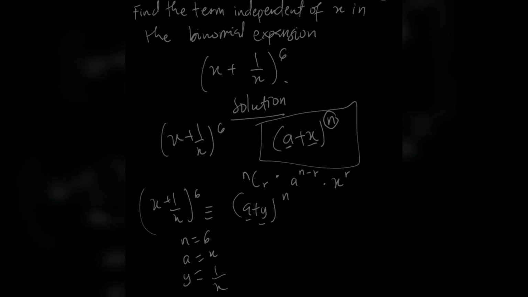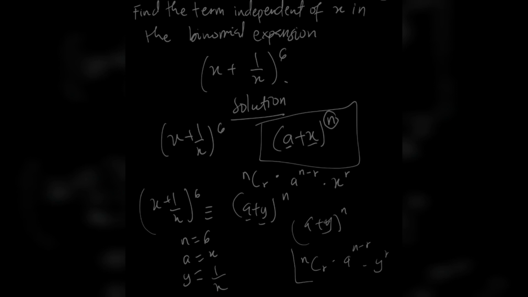So the formula will now be nCr times a to the power n minus r times y to the power r. This will now be the formula because we've replaced the x with a y.